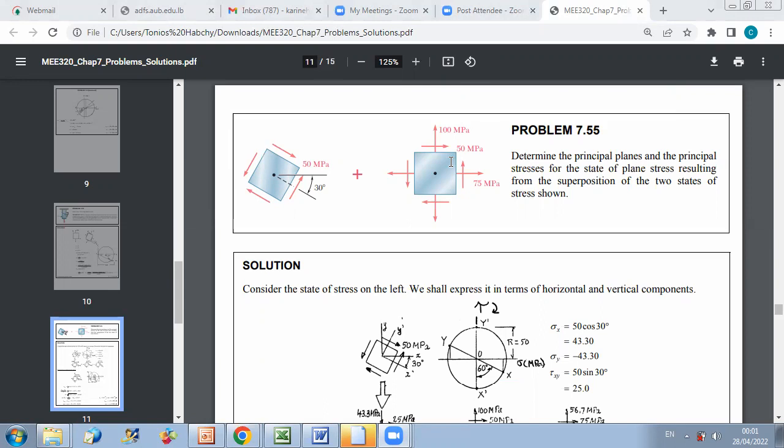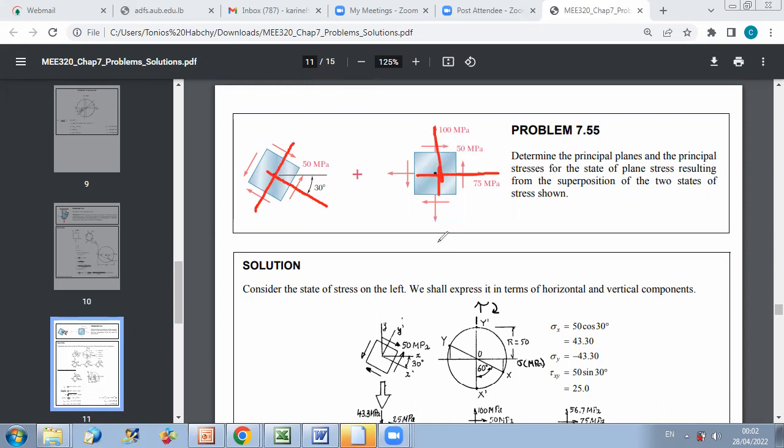In this figure, you have two states of stress that are applied on an element. To be able to find the total resulting state of stress, you should convert one of the two to the same orientation. What I mean by this is, you have different orientations of stresses here, and in this figure they give you the state of stress in this plane.